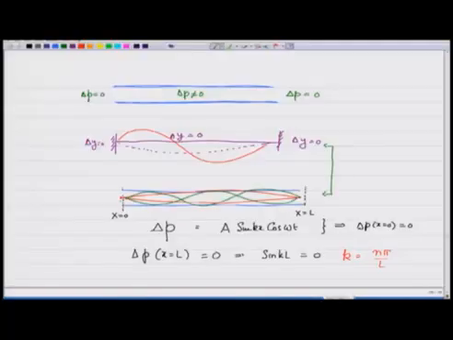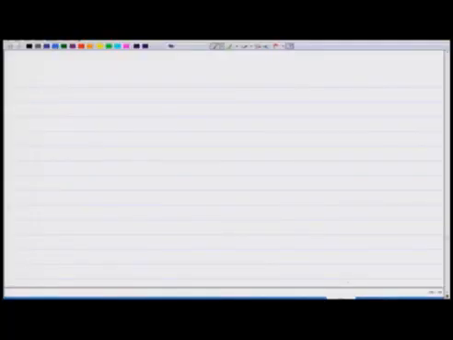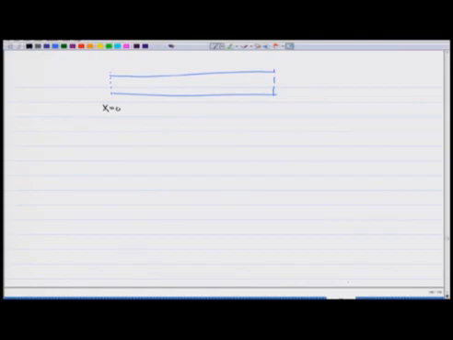And therefore, for this open ended uniform pipe, one end I have taken to be at x equals 0, the other end at x equals L. Delta p is 0 here, delta p is 0 here, and it changes in the middle, and I have delta p as a function of x and t given as some amplitude A of the pressure times sine k x cosine of omega t.